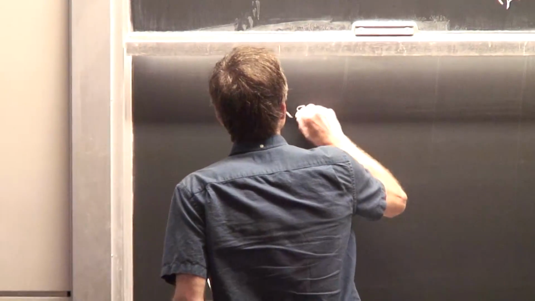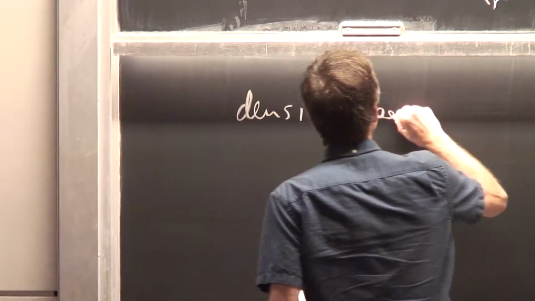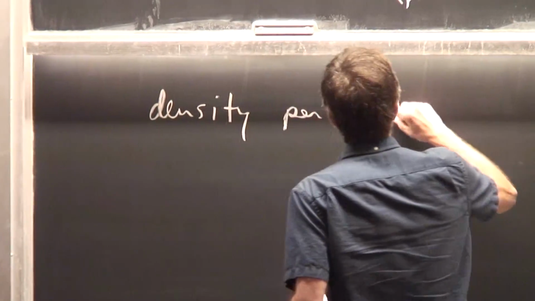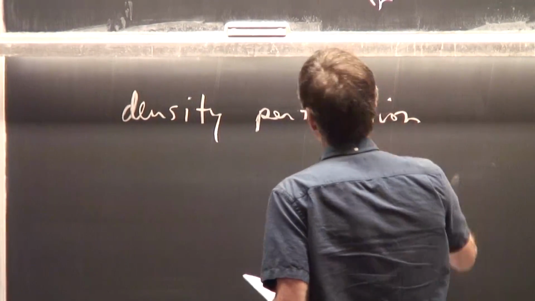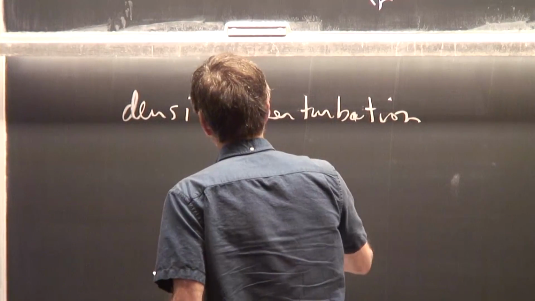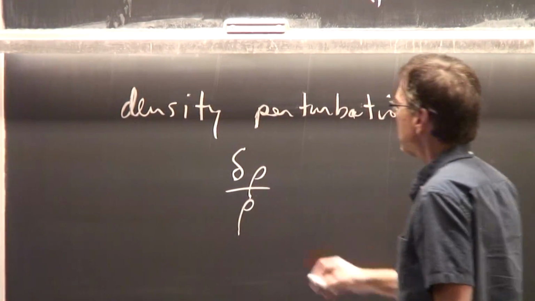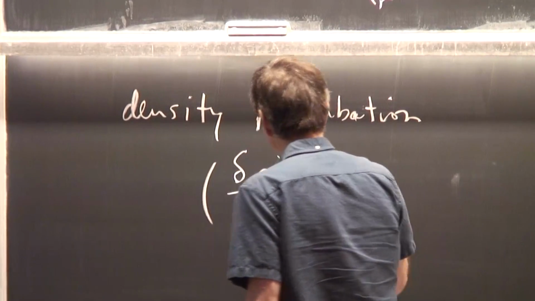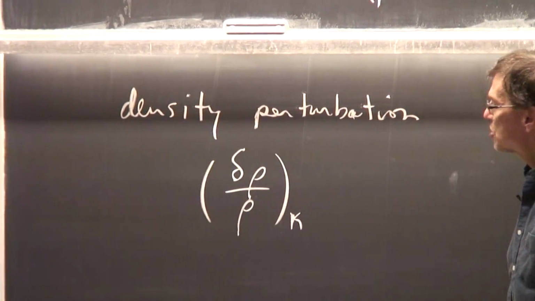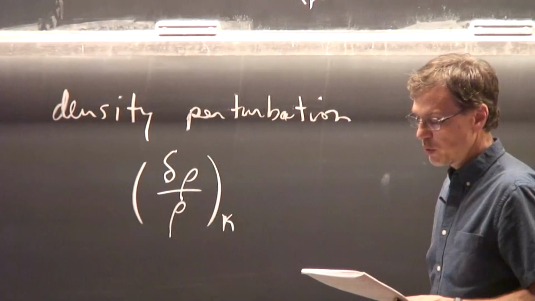But for formation of structure, galaxies, we're also interested in the density perturbation, delta rho over rho. And we usually like to Fourier transform it, refer to it in wave number space.